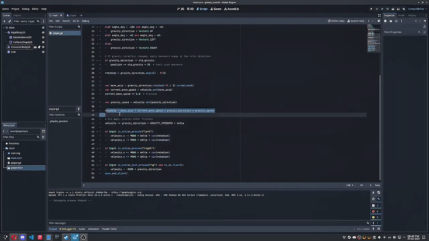Next, we're going to set our velocity to basically the same as it was last time. And gravity is getting added as well, even though it's also getting added down here. And correct me if I'm wrong, but you can just get rid of that, and nothing bad will happen.